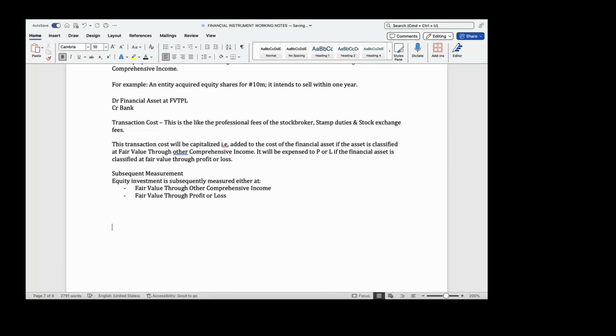So let's go to debt investments. That's also financial asset. We are still in financial assets, but now we're looking at debt investments.